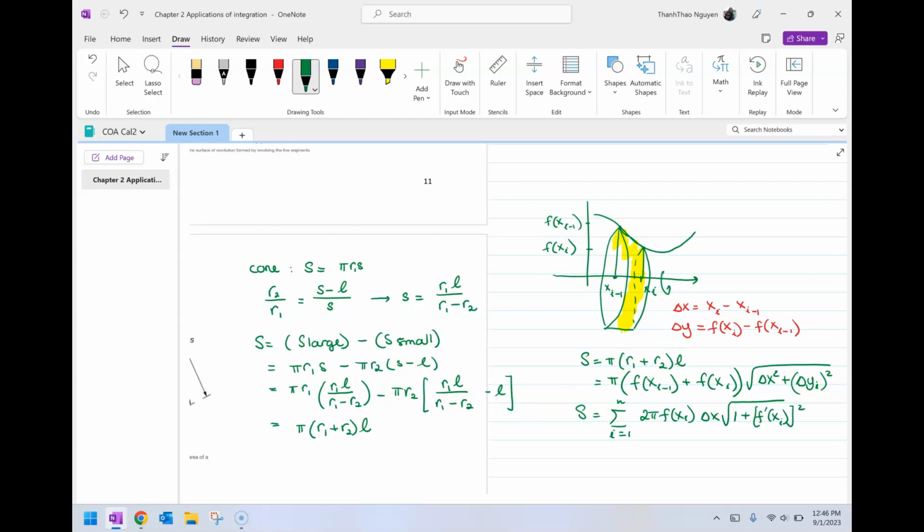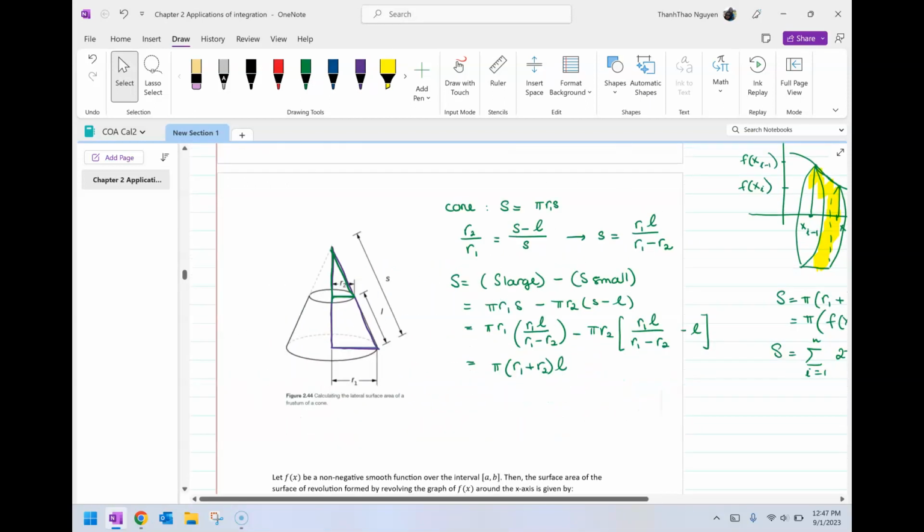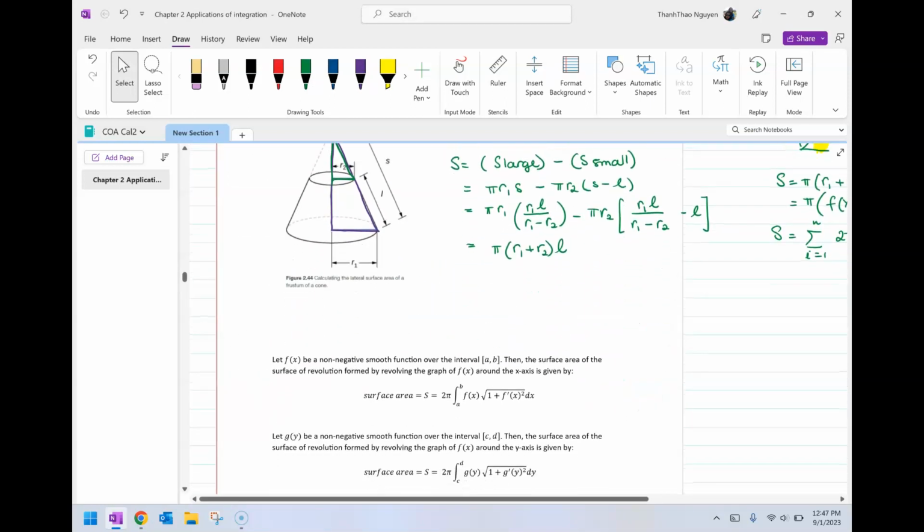Okay. And let n approach infinity. We now get the formula for the surface area, that is 2 pi times the integral from a to b of f of x times the square root of 1 plus f prime of x squared.